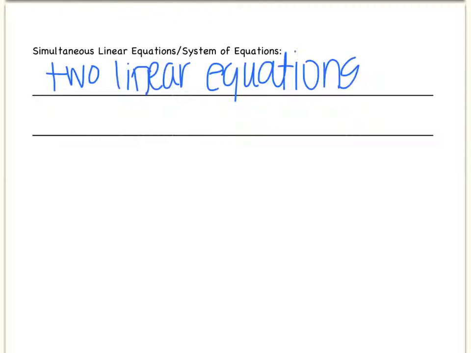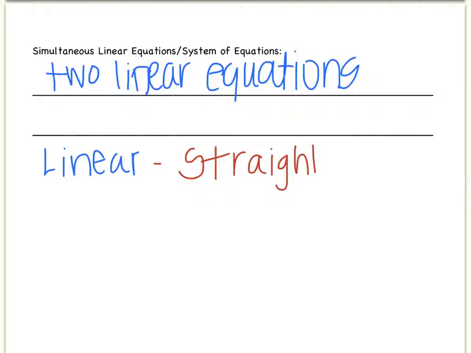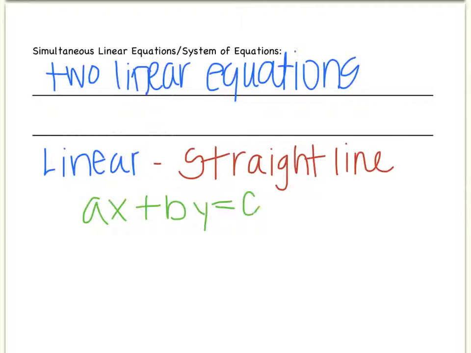And remember, what does it mean to be a linear equation? A few things that we've talked about so far with this unit for a linear equation is that it forms a straight line. If you remember the standard form of a linear equation, it looks like ax plus by equals c.